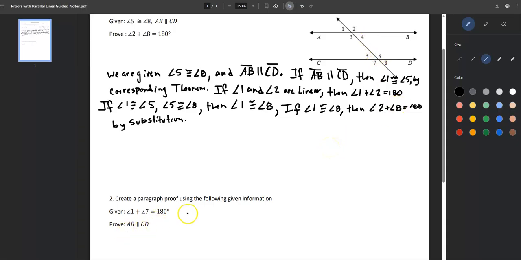Okay? So again, I'm going to start with what I'm given. We're given that angle 1 plus angle 7 equals 180. Okay?